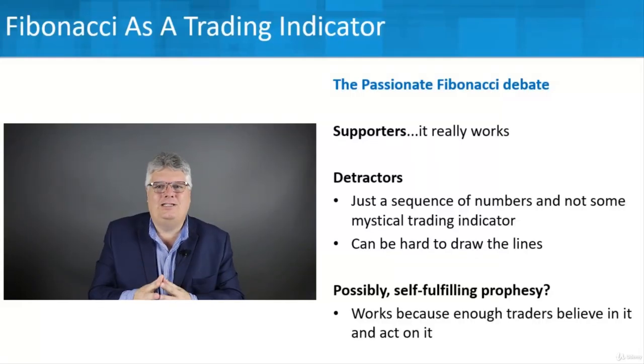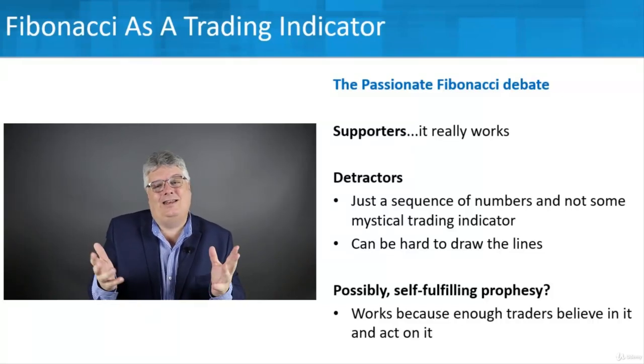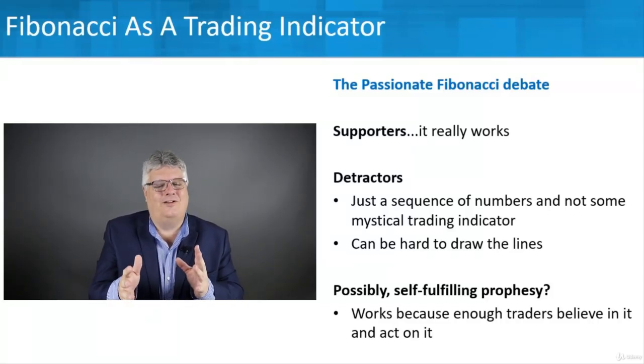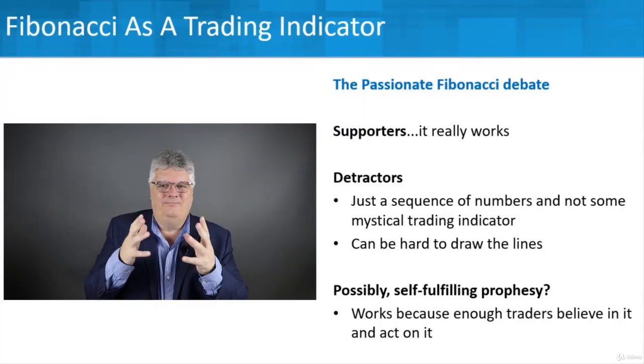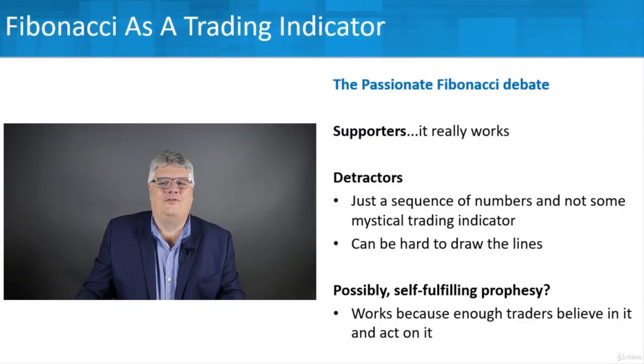I mean, if we said that every day is a sunny day and stocks or securities or cryptocurrency always rises on sunny days, well, heck, if it was a sunny day, then everybody'd be buying, right? Cloudy days, I guess we'd sell. So that's a little bit unfair to Fibonacci, by the way. It's a lot more detailed than sunny and cloudy days. But you get the idea where it can be a little bit of a self-fulfilling prophecy. And if it is, that's okay. That means we can use it as a real trading tool.